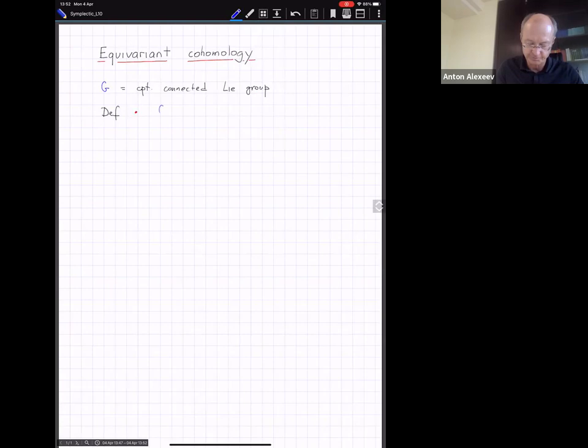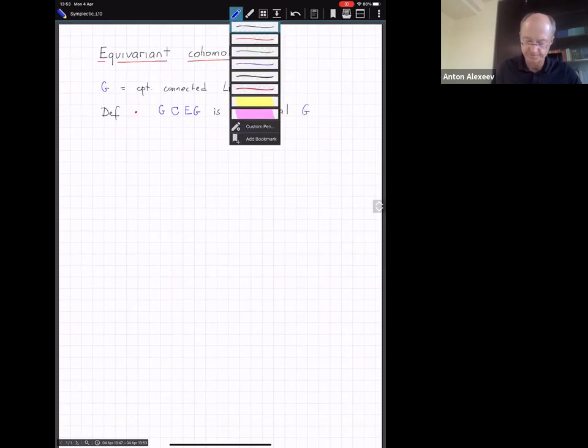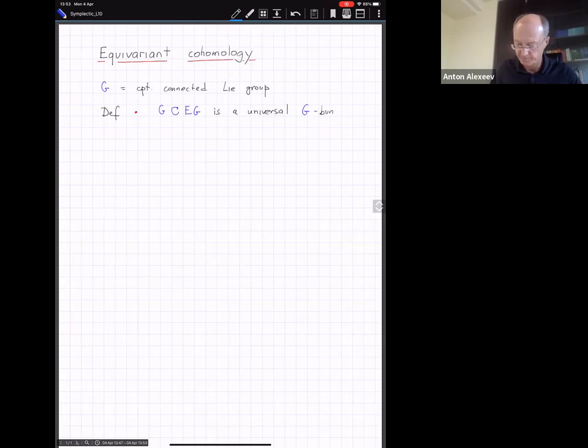EG is a space acted on by G and is called the universal G bundle if there are two conditions which are satisfied.